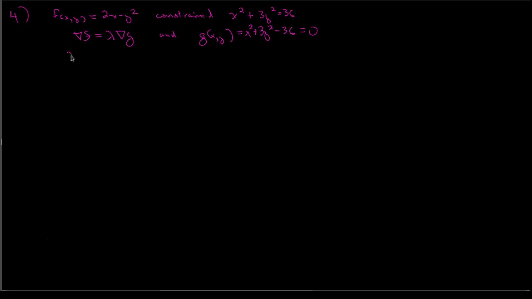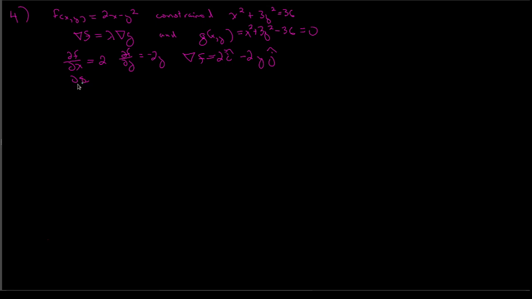So that will make our constraint into a function of x and y, and we'll hold the constraint conditions equal to 0. So delta f, or I'm sorry, the gradient of f is 2, and for the y component, equals negative 2y. So the gradient of f is 2i hat minus 2y j hat.